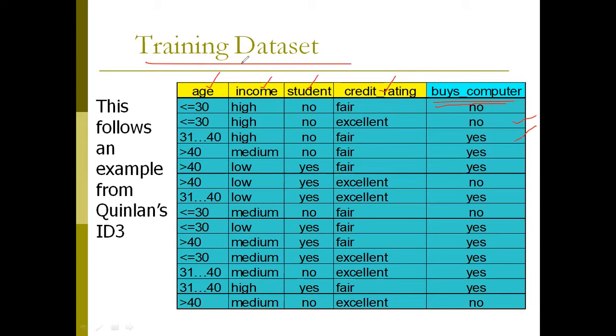Buys computer is the class attribute, which means its class labels come under the leaf nodes. Let us see a decision tree for this table.